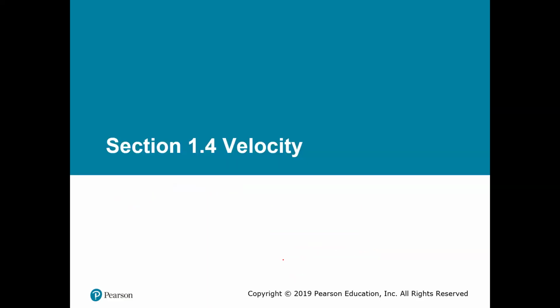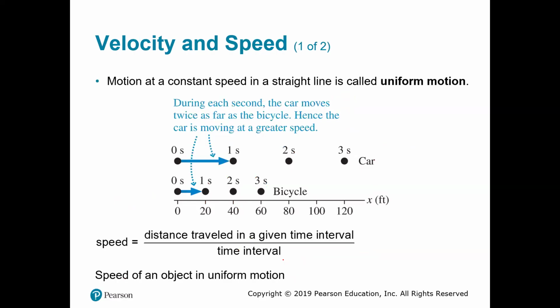The next concept is velocity, and actually velocity and speed. Now, the definition. Let's talk about this slide first. Motion at a constant speed in a straight line is called uniform motion.